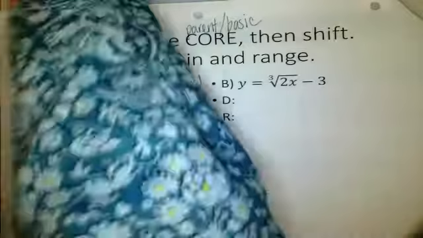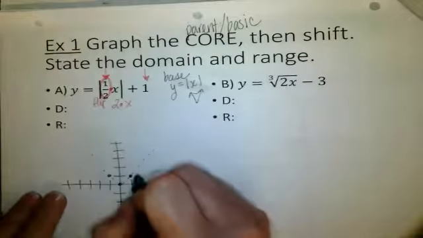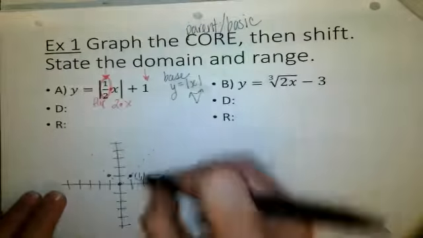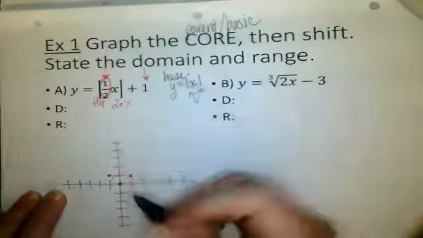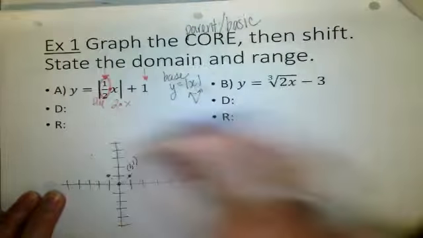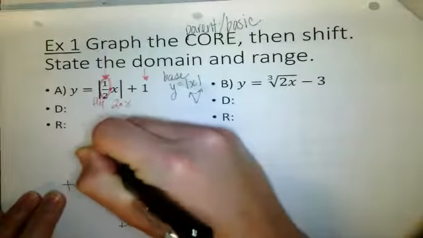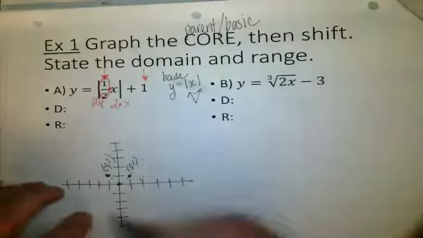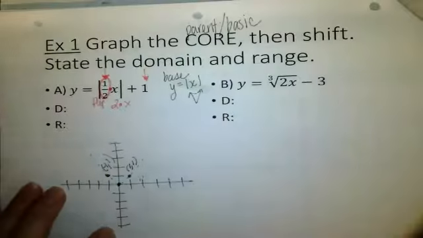So I have a few points here. This is the point 1, 1. I'm going to write it above. 1, 1. And this point here is -1, 1. This point here is 0, 0.